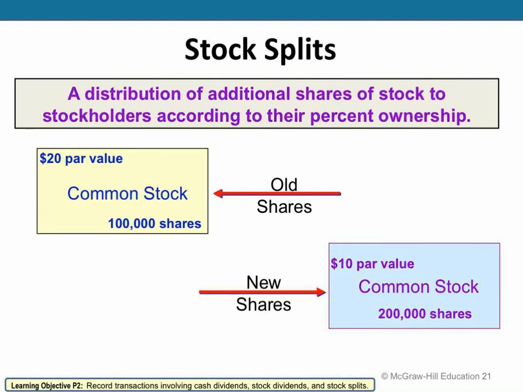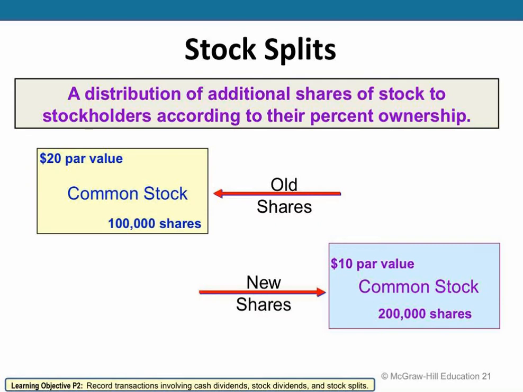Now, stock dividends are one way of providing a certificate to shareholders, and it looks like the same system as cash dividends, only instead of providing cash, you're providing a stock certificate.